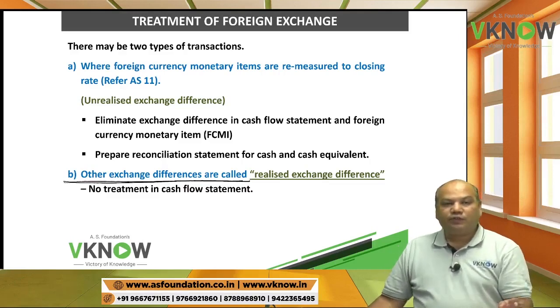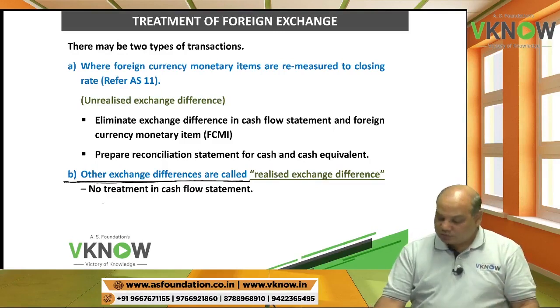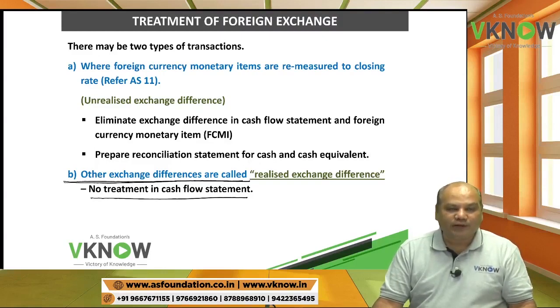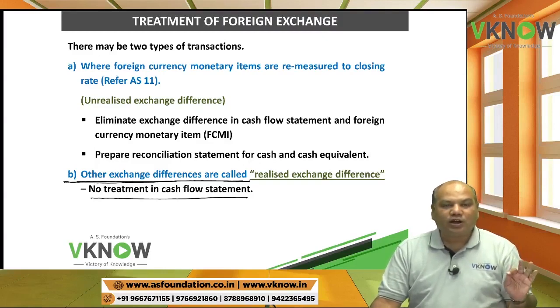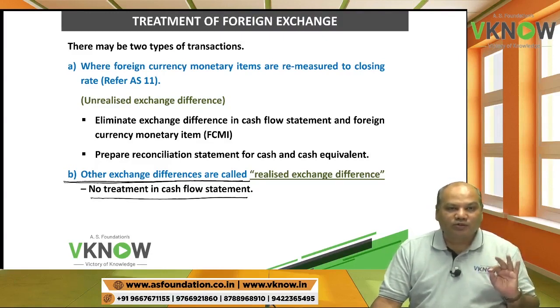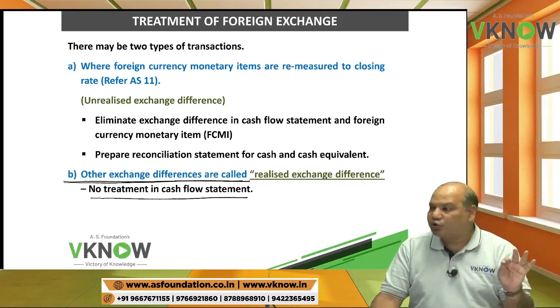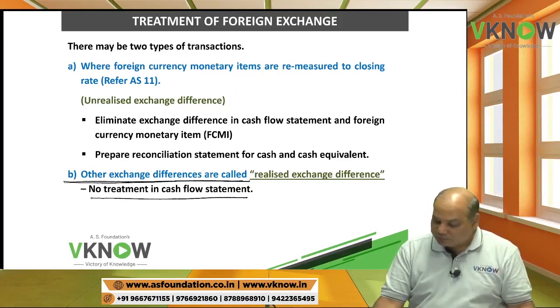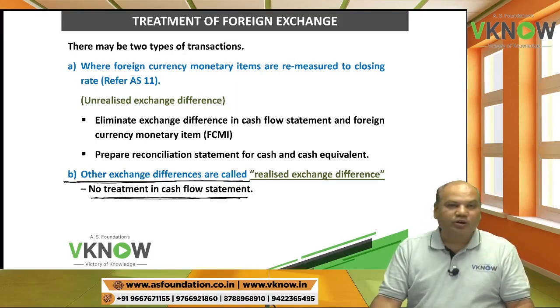If the exchange difference has been realized, no treatment in cash flow statement. It is realized means cash flow has been collected. If debtors have been collected and at the time of collection there is some gain or loss, it has been realized. So that cash flow has actually been realized, no accounting treatment required.